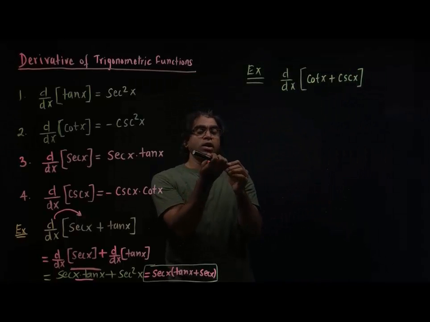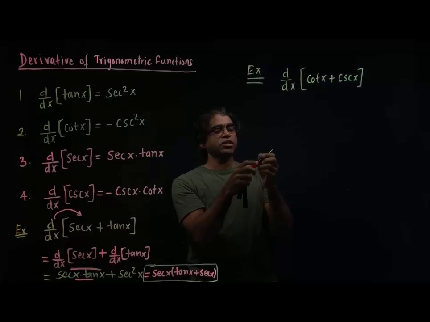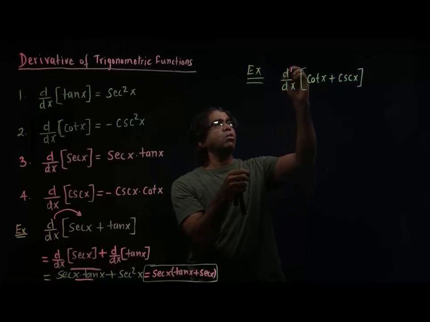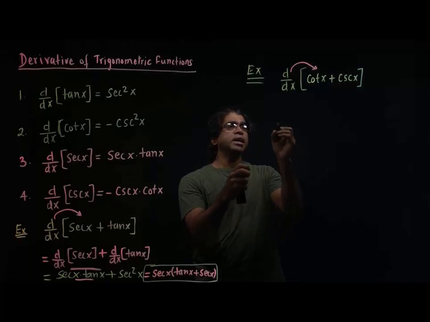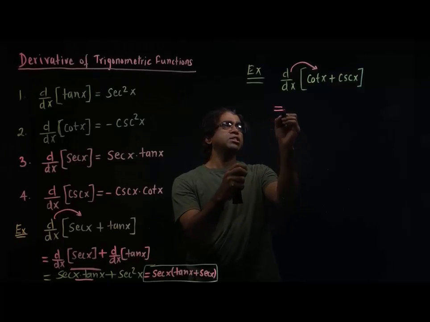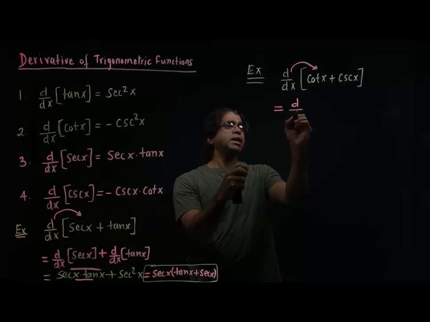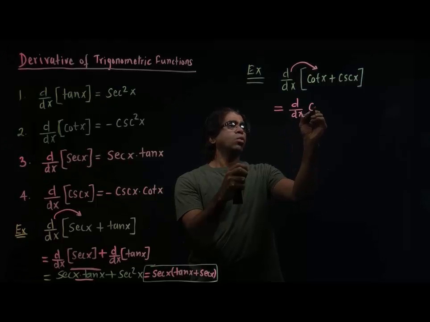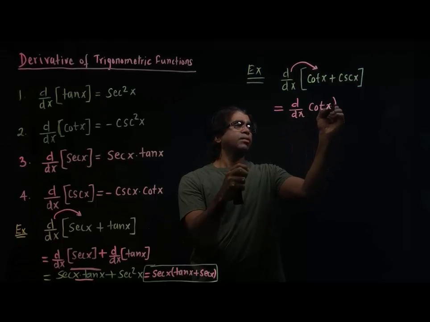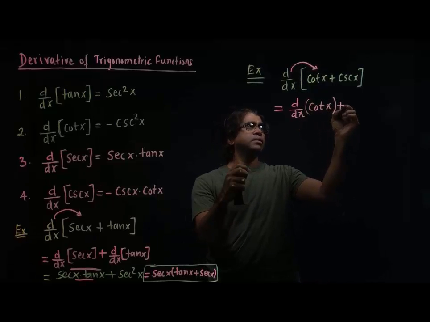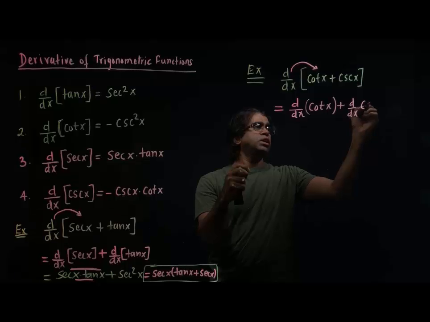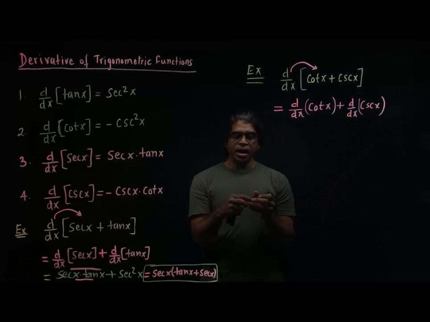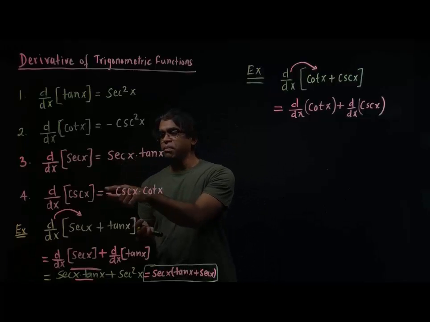Now, in order to find the derivative of this function, I'm going to distribute d by dx inside the bracket, and if I do that, I will write this is equal to d by dx of cotangent x, right, plus d by dx of cosecant x. Now, I am going to use the formula from here.